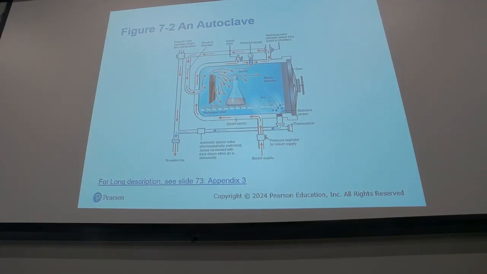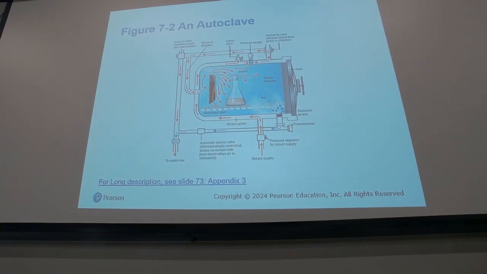This helps the steam partially go through the aluminum foil and into the liquid media so that you can destroy any microorganisms that are there.